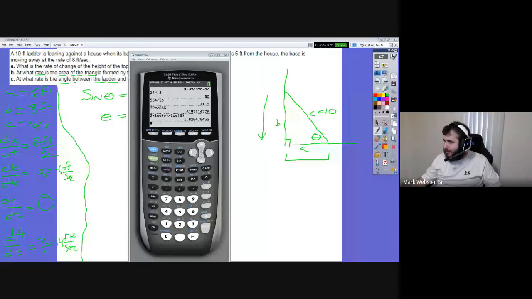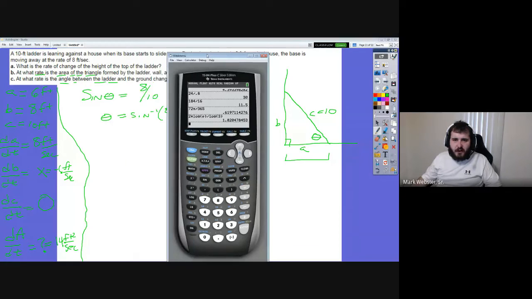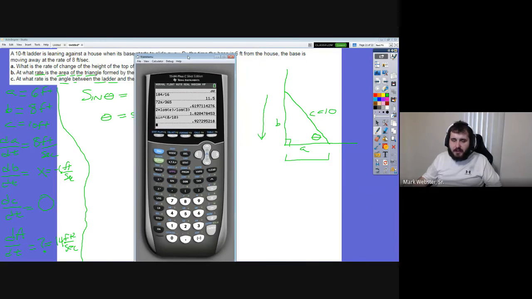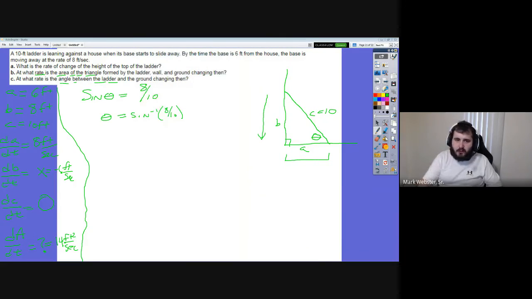Let me stop presenting for a second and pull up the entire screen so that y'all can see what I'm doing. Like that. And so we want to find inverse sine. So second sine, get the sine -1 there. 8 over 10. Close your parentheses, get your answer of 0.927295218. I would always use as many decimals as possible. I'm going to just scoot you off screen so I can write this down.